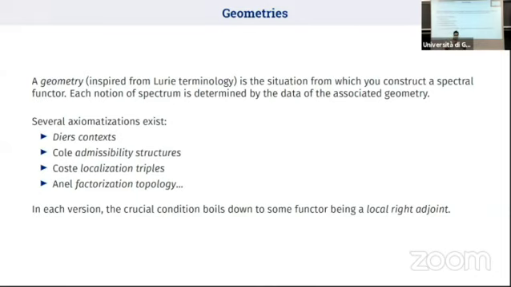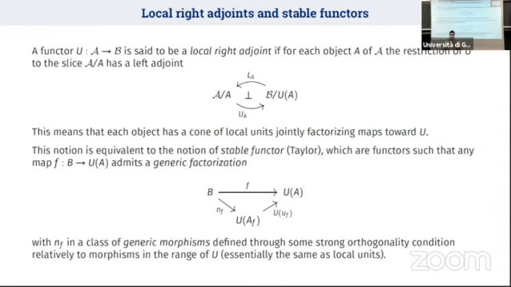But whatever the way you state this notion, it boils down at some point to something being a local right adjoint. So what is a local right adjoint? This is a functor that lacks a global left adjoint, but which is such that if you look at the restriction at each slice, it has locally a left adjoint. And this concretizes the presence, in the rich object, of a cone of local units, jointly assuming the property of a unit.